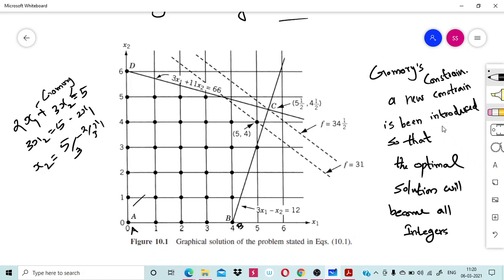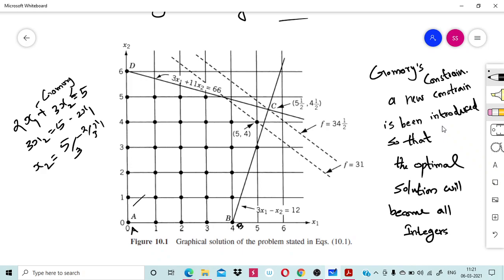We introduce this constraint to the feasible region so that we get a new optimal solution which will be absolutely all integers. Graphically, x1 equal to 5.5 and x2 equal to 4.5, giving f equal to 34.5, is not at all acceptable for an all-integer LPP.